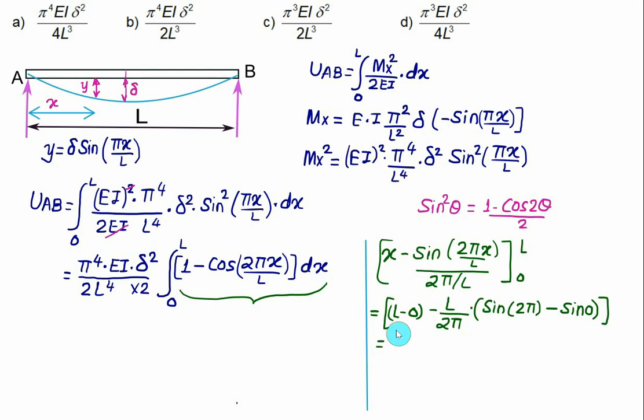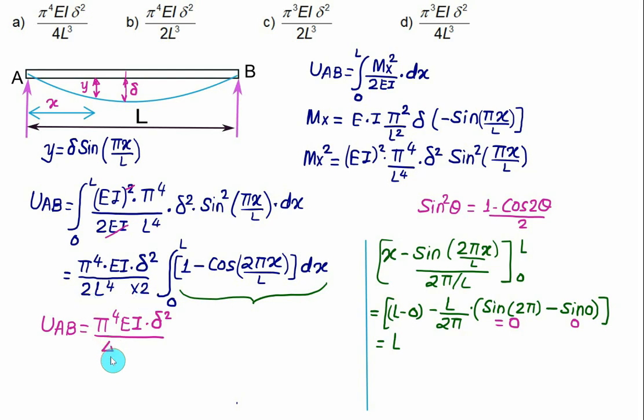So from this one we are getting only the value of L. This term will be equal to 0. Sin 2π, that is sin 360, is 0, sin 0 is 0. So we have only L left. So we'll substitute for this and we'll write the final equation. So we have strain energy AB will be equal to π⁴ EI δ² divided by, we have 2 into 2, that will be equal to 4.